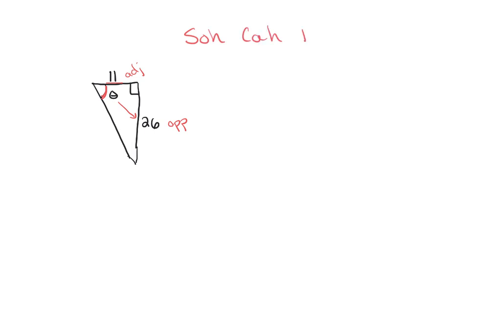Okay, let's do an example. I'll draw your right triangle. This side length is 11, and this side length is 26, and we want to find an angle measure here. So let's think about what we have in relationship to this angle. This is opposite, and this would be adjacent. Opposite and adjacent in SOHCAHTOA is tangent.